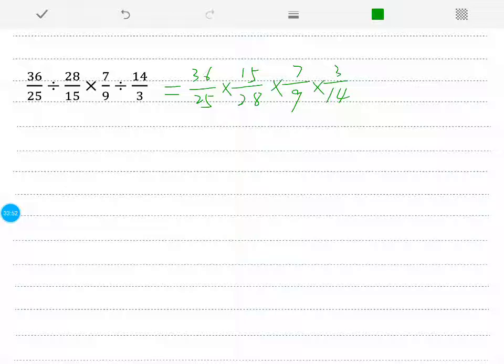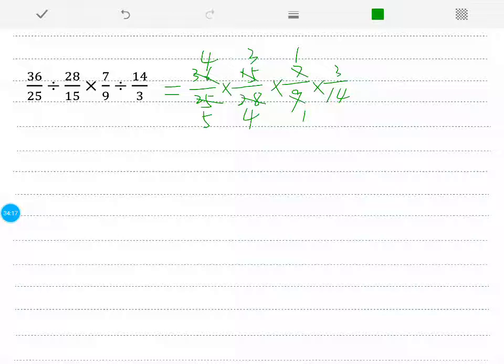Now we choose 36 and 9, because 9 is the largest common factor. 9 becomes 1 and 36 becomes 4. And 7 and 28 become 1 and 4. And 15 and 25 become 3 and 5.